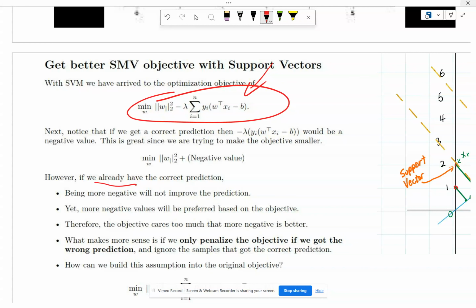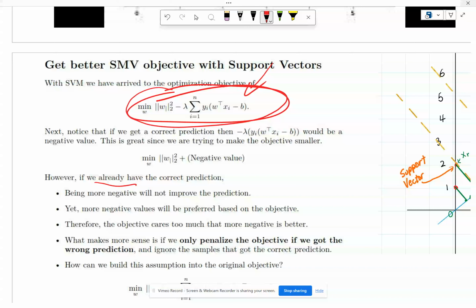So this objective is going to really favor big negative numbers, whereas we don't really care if the negative is really big. After a certain threshold, correct is correct, right? So you don't need to be very, very negative.